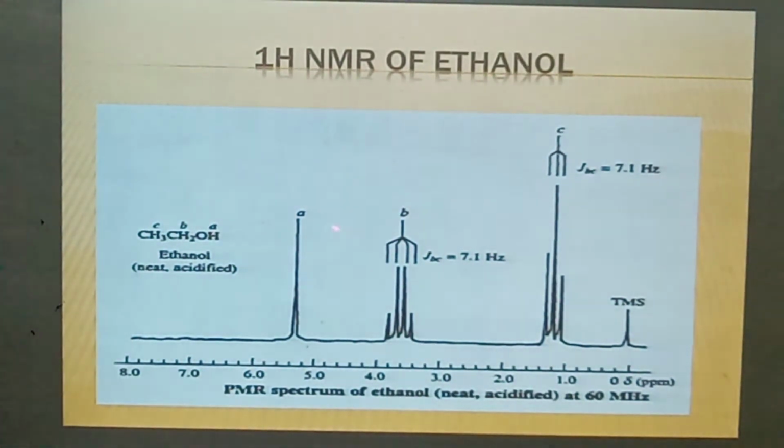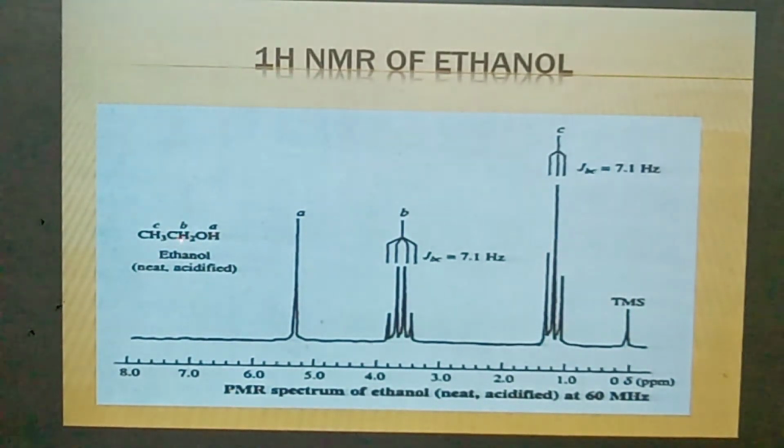Here, just take a look at the spectrum of ethanol. It is a PMR, meaning proton magnetic resonance, spectrum of ethanol, neat acidified, at 60 megahertz. The OH group appears in the form of a singlet. Even though it has neighboring protons, the coupling cannot be seen here. And the next is CH2.